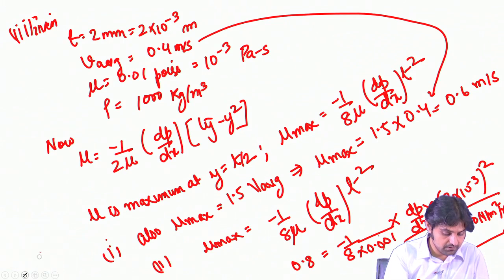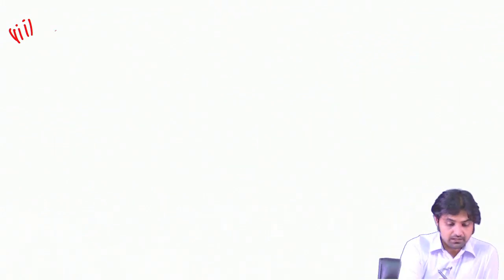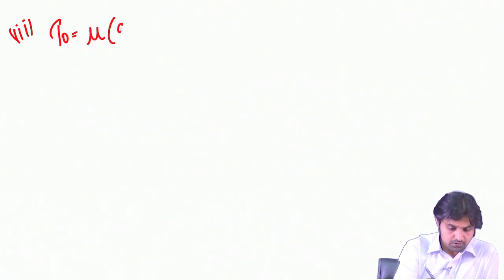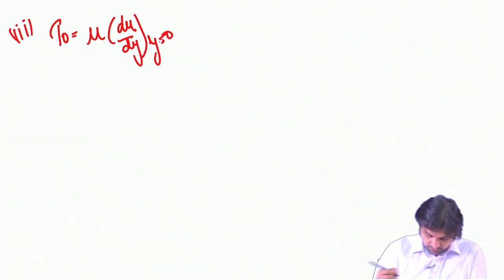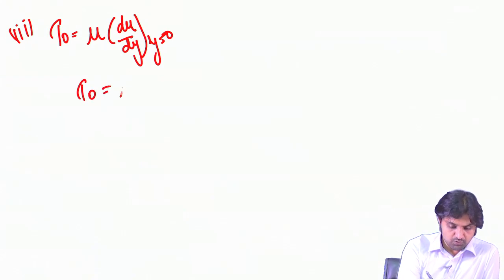I will erase all the ink on the slide, and the third part is tau naught equal to mu du dy at y equal to 0.